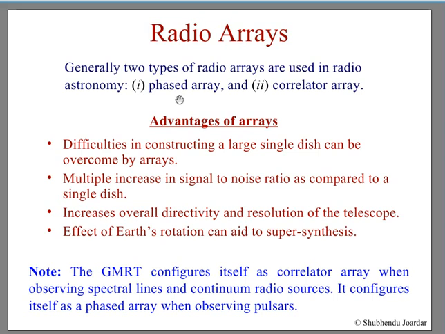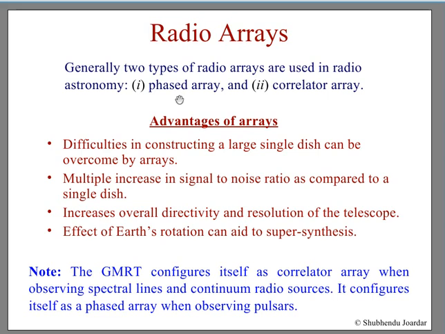The advantages are that difficulties in constructing a single dish can be overcome by arrays. If you think about capturing a very large amount of signal, you have to increase the aperture size, and then your single dish may be difficult to construct.